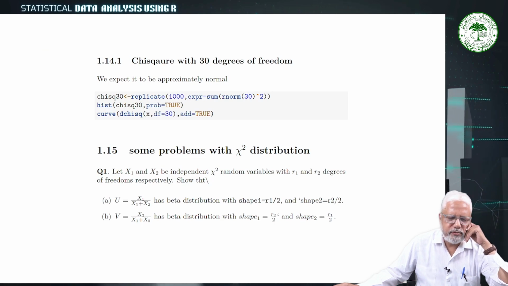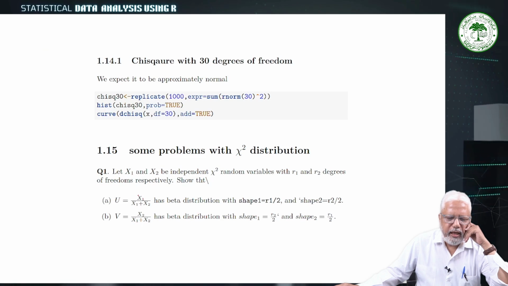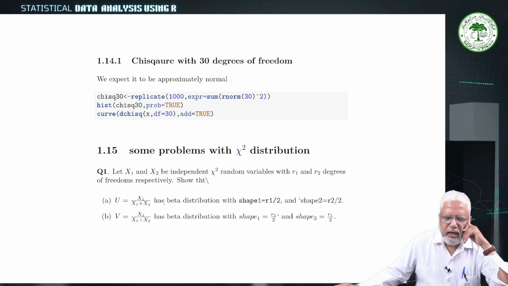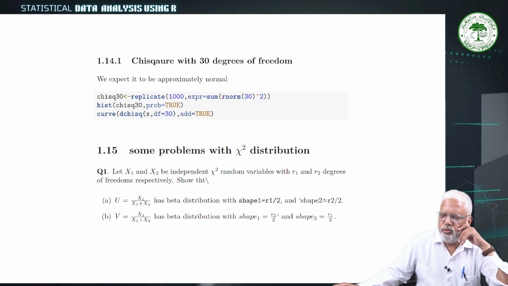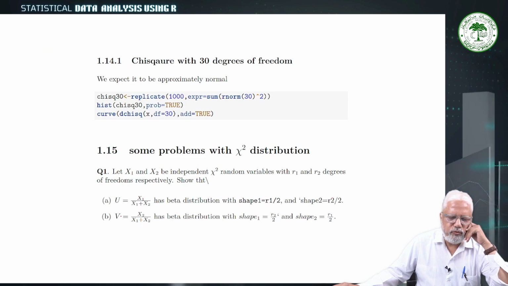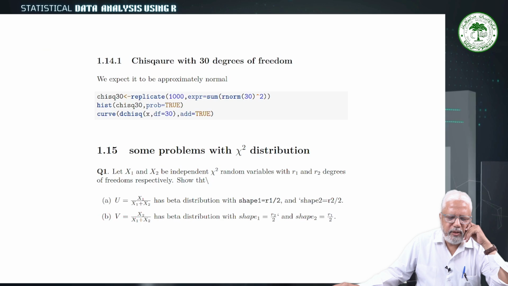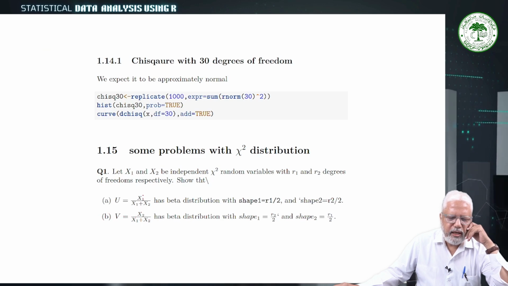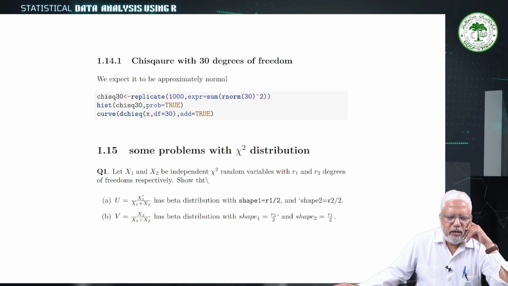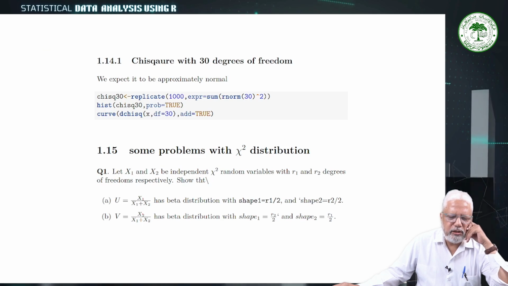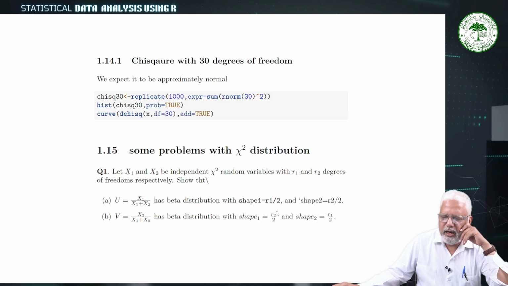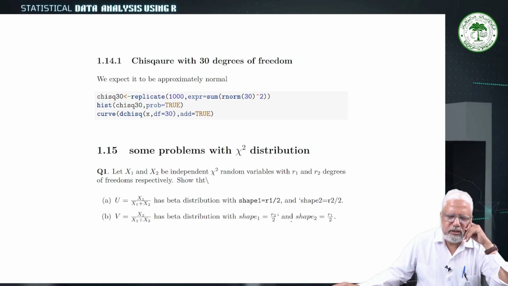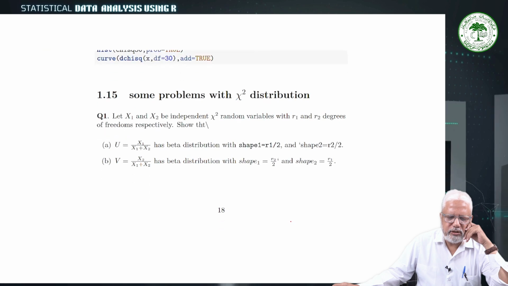Show that U is equal to x1 by x1 plus x2 has a beta distribution with shape 1 is equal to R1 by 2 and shape 2 is equal to R2 by 2. And V is equal to x2 by x1 plus x2. Here x1 is in the numerator, but here x2 is in the numerator. So here what it affects, shape 1 is equal to R2 by 2 and shape 2 is equal to R1 by 2. So here this has the effect on these things.